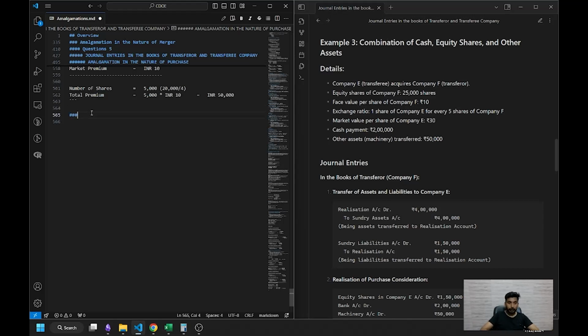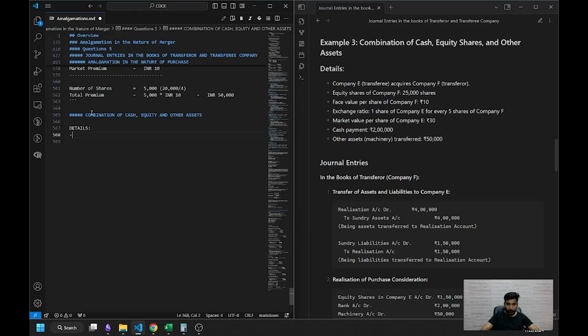For example, here we will talk about if we have a combination of cash, equity, and other assets. So if we have the pooling of the cash, the equity shares, and the other assets, in that case, how will the journal entries work and how will the amalgamation take place? For that, we have some further details. Let us dive into it.